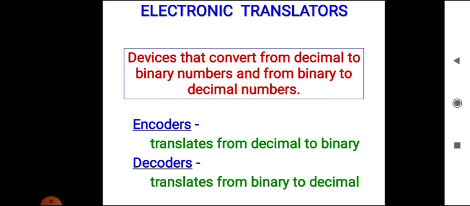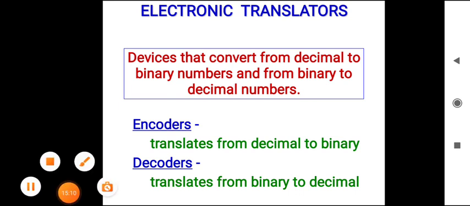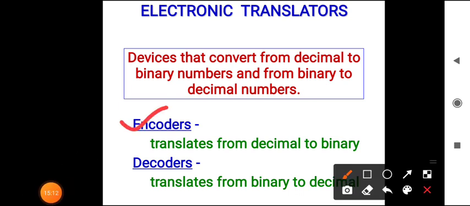What are encoders? Encoders translate from decimal to binary. The device which translates from decimal to binary is called an encoder.